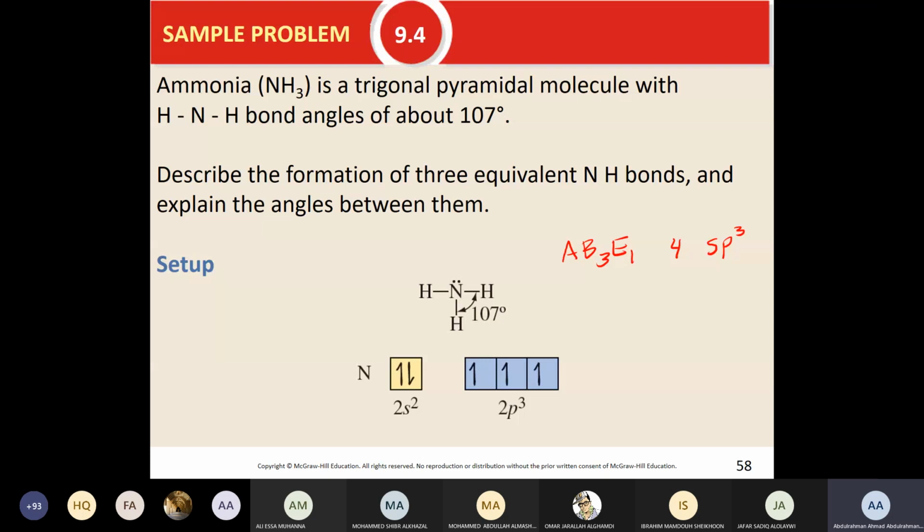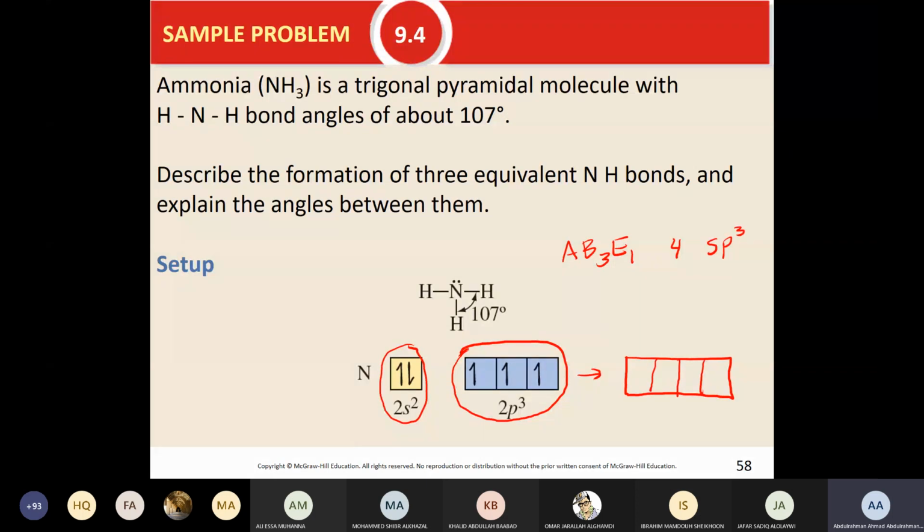So what are you going to mix? S and P. S and how many p's do you need to mix with it? 3, not 2. You have to mix 3. You make hybridization. How many orbitals are you going to have in total? 4 of them: 1, 2, 3, and 4.